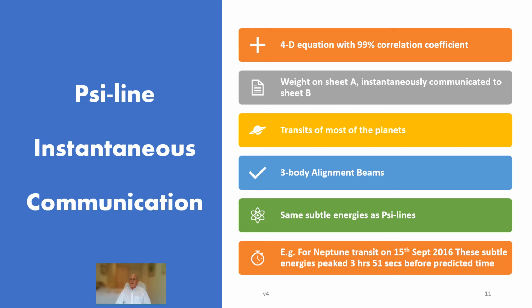These beams peak exactly at the time taken by light from the planet to reach the observer on Earth. This is well before the published time of the transit. Hence, this technique for entanglement using subtle energy psi lines and the 3 bodies in alignment demonstrates instantaneous communication.